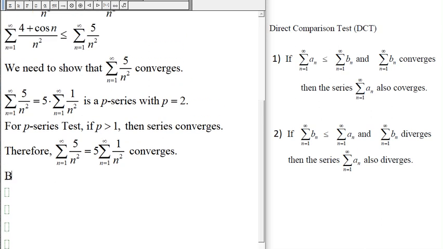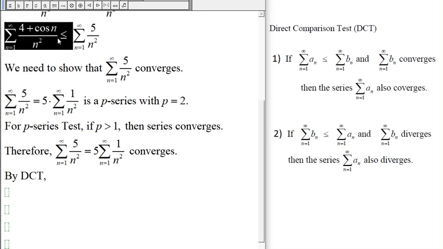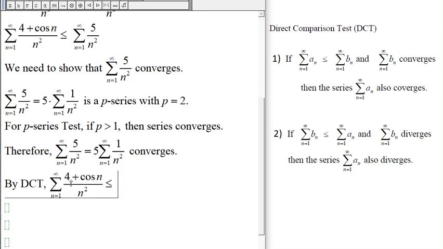And so by the direct comparison test, this series right here converges also.